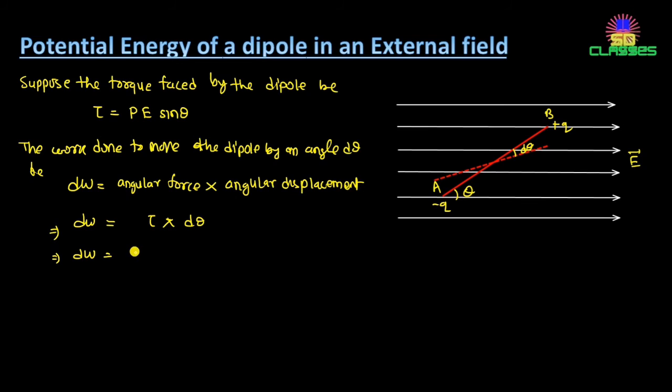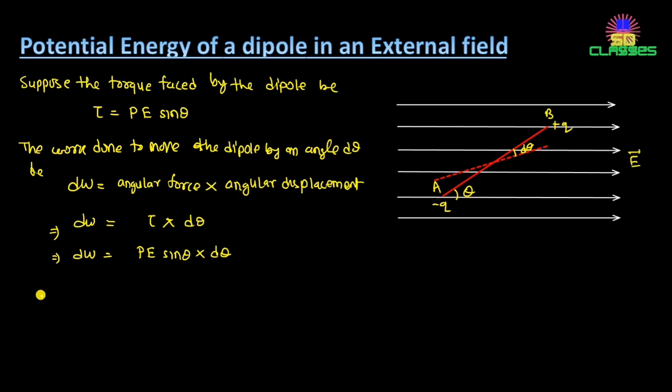Angular force means torque, and angular displacement means d theta, the angle by which it has moved. Okay, so we know that work done in linear motion is force into displacement, but here we have a rotational motion, so we have taken angular force into angular displacement. So we can write pE sine theta into d theta.